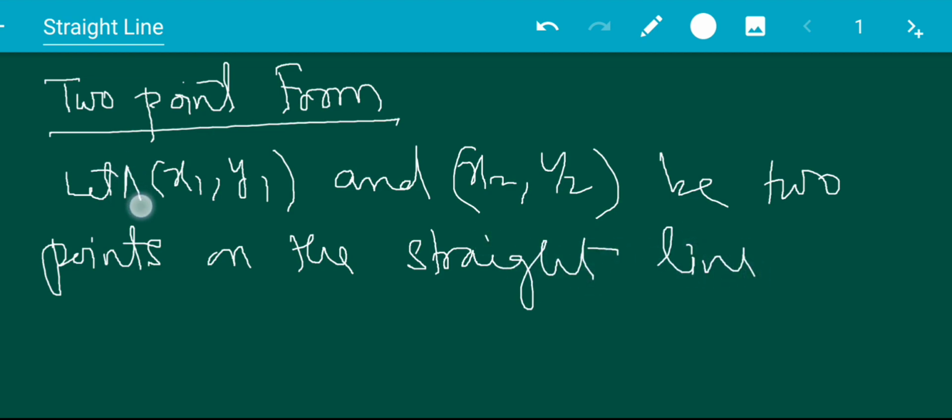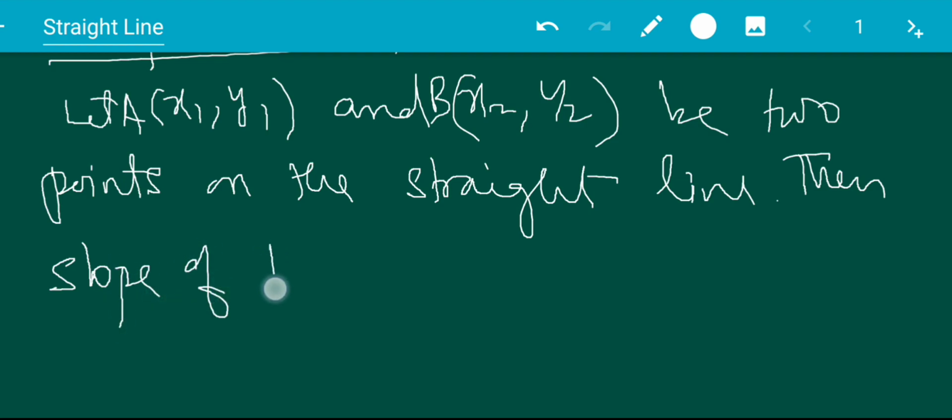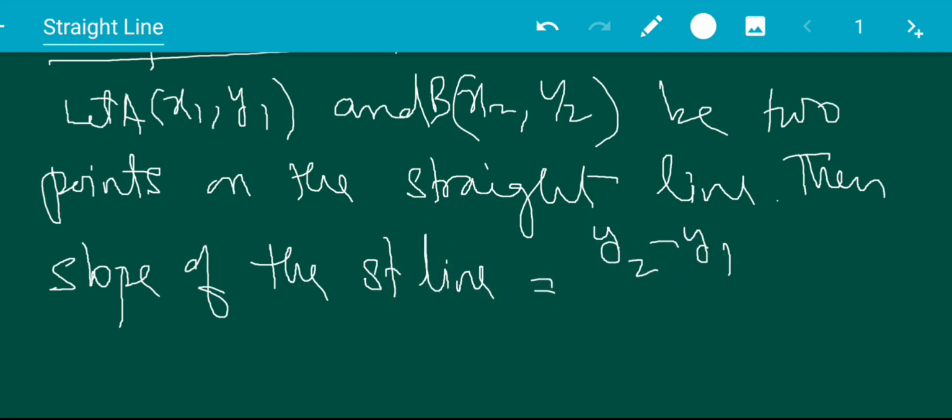Okay, so I can write A and B, no problem. Then slope of the straight line is equal to (y2 minus y1) by (x2 minus x1).